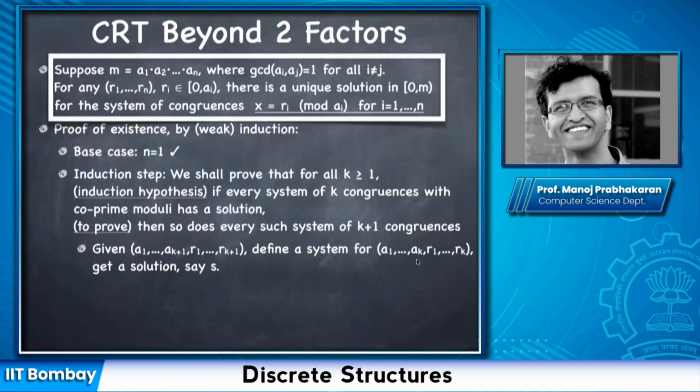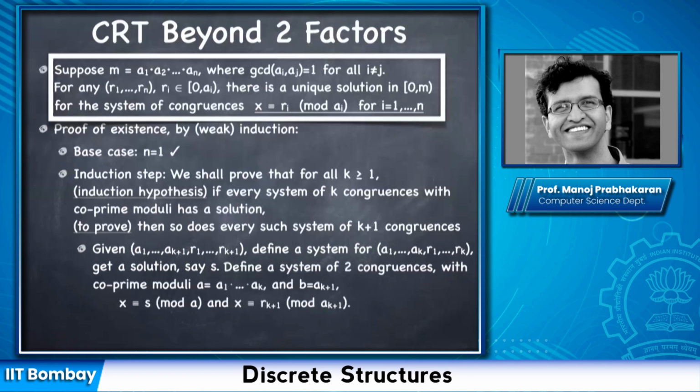And it tells me there is a solution for this system. So I pick that solution. The solution is in the range 0 to the product of these minus 1, but that doesn't matter. I just need to know there is some solution, some integer S that satisfies this system.